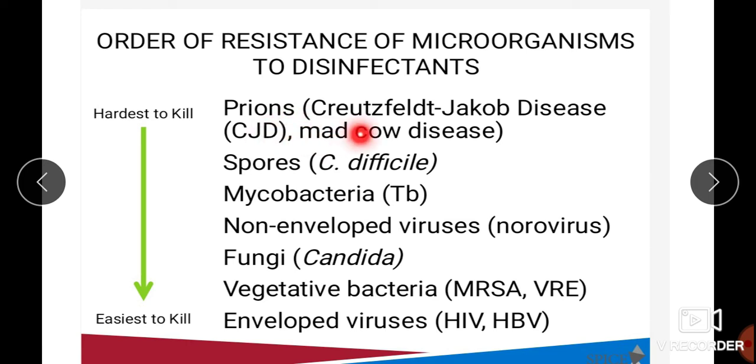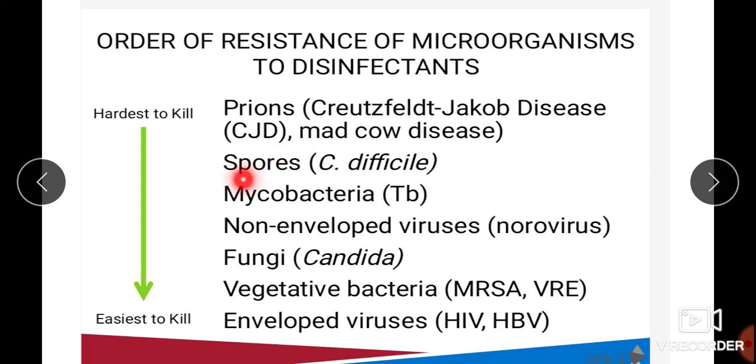One famous example of a prion is the Creutzfeldt-Jakob disease, CJD, and this disease is because of a prion. Also mad cow disease and Kuru disease are examples of prion diseases, and prions are hardest to kill by any disinfectant.